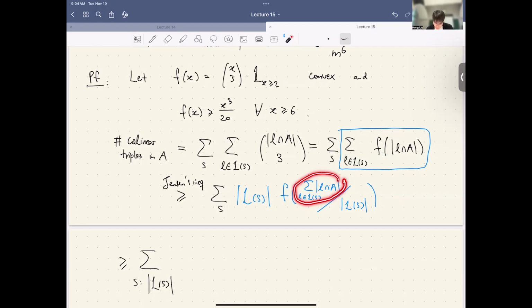Wait a second. L intersect A for all points. No matter how you fix the direction, the key thing to notice is that the numerator is the size of A. So let me write one more line.